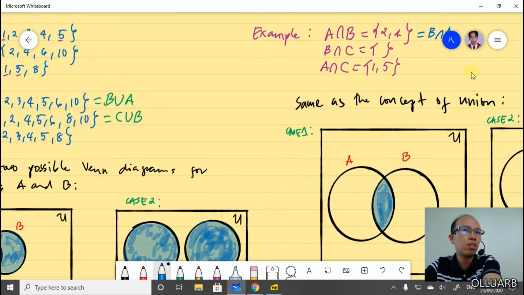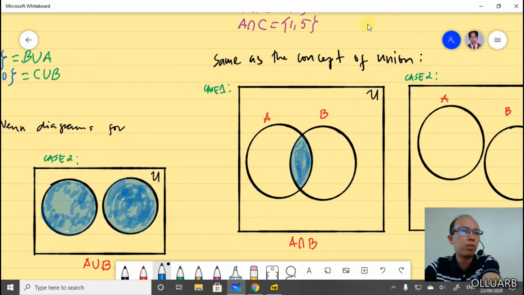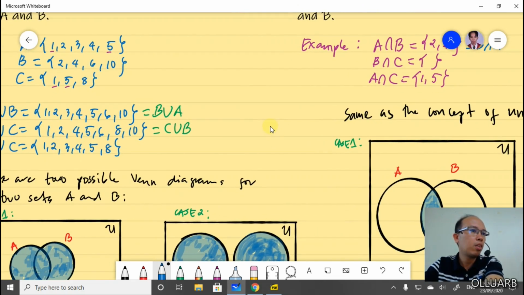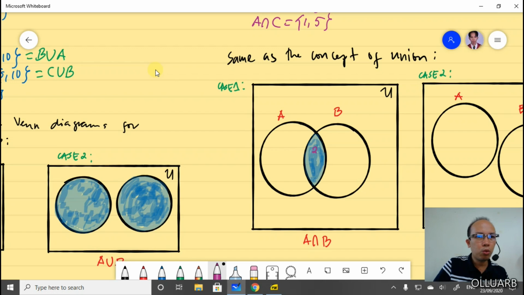Our A is 1, 2, 3, 4, 5. Is there an intersection between A and B? We have 2 and 4. Okay, so 2 and 4 is here. So 2 and 4. Okay, so we have 1, 2, 3, 4, 5.